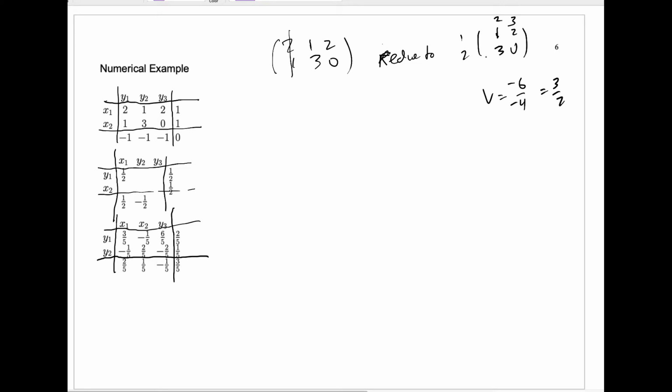What are the optimal strategies? Well, once you know the value, it's very easy to find the optimal strategies, which have to be equalizing strategies. The optimal vector P should be what? Well, for row 1, to have 3 halves be the equalizing strategy, you would want 1/4 times this plus 1/4 times that.